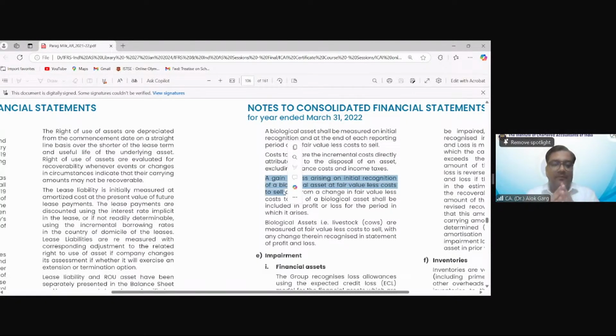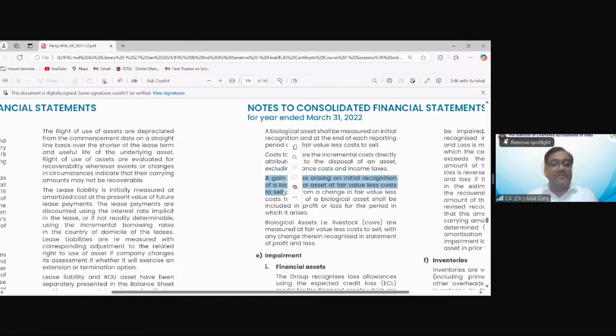Tell me when a loss will arise on the initial recognition of a biological asset. When the biological asset has been purchased at a cost, but you are recognizing at fair value less cost to sell, right? At that point of time, a loss will arise.